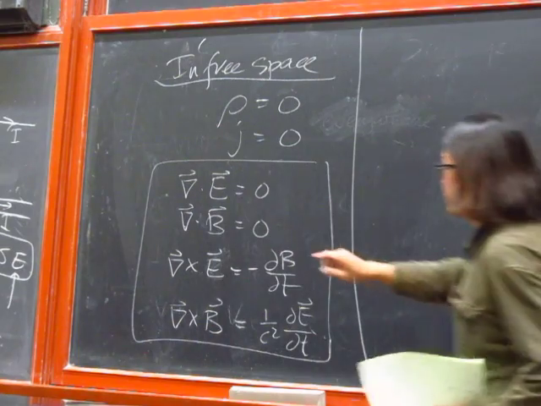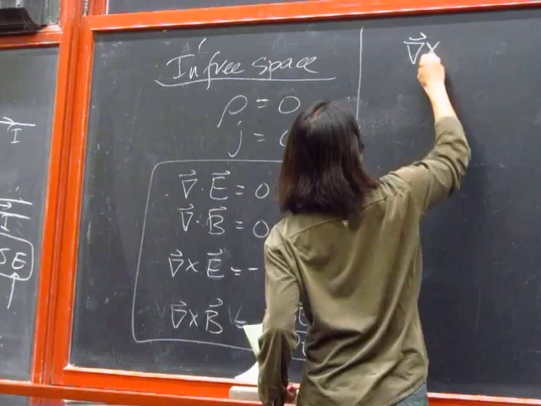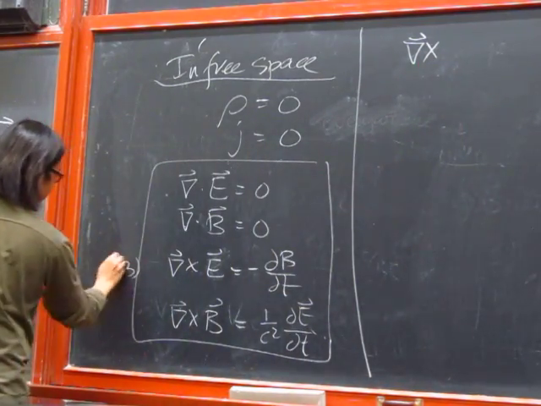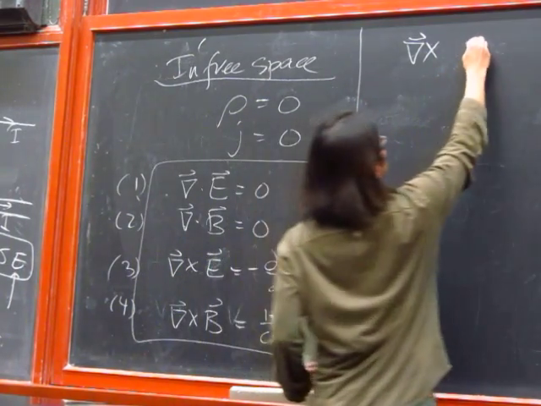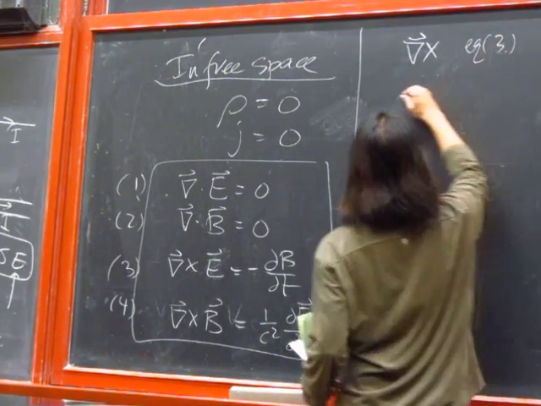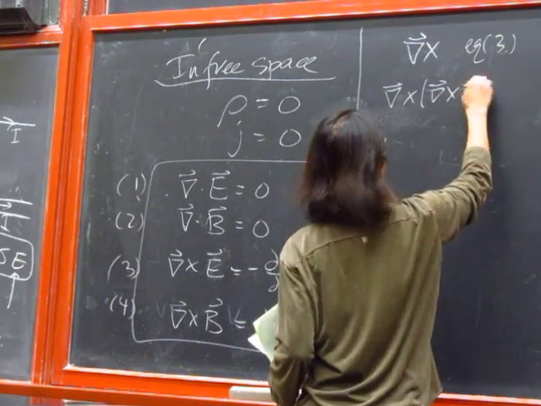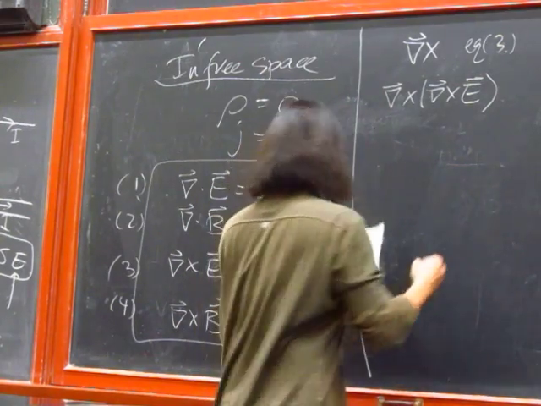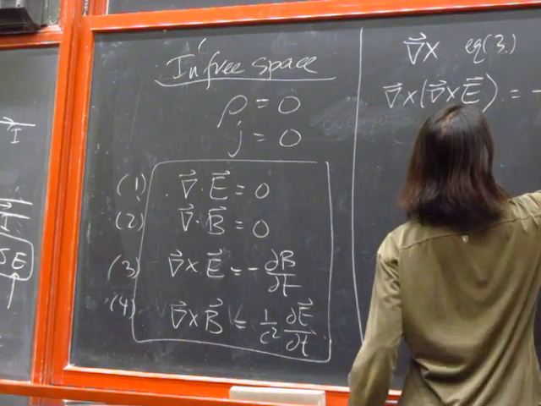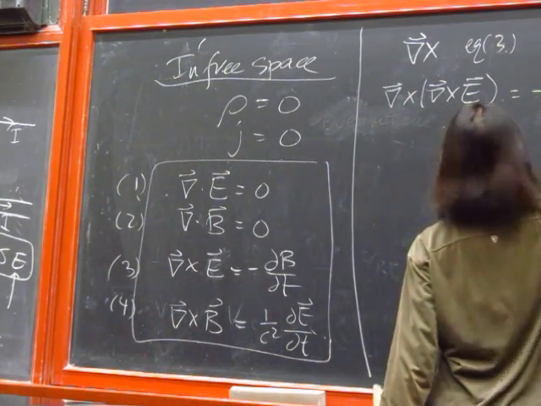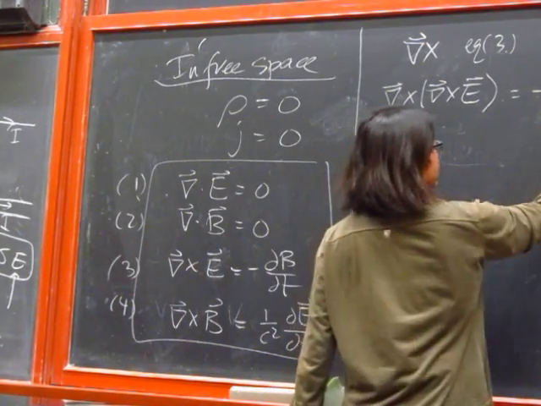Now, if I take a curl of E, of equation number 3, curl of equation number 3, and I have a curl of E. And that has to be equal to minus curl of the time derivative of B. Let me change the order of the differentiation.